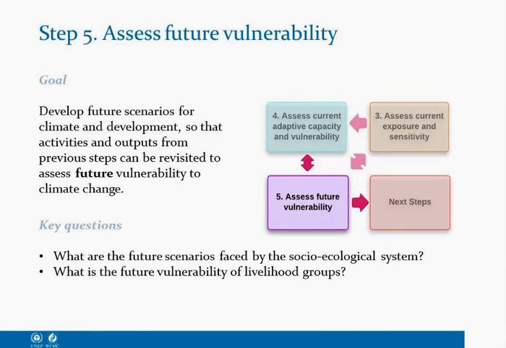Step number 5, this brings in looking into the future. And the approach that we recommend is looking at combined scenarios for climate and development. So also taking into account human development to identify how the future demand for ecosystem services is going to change.